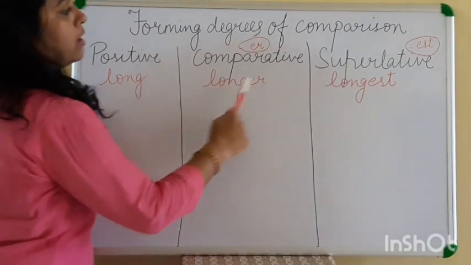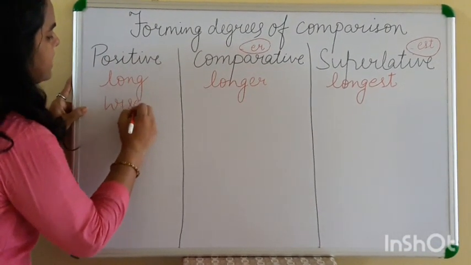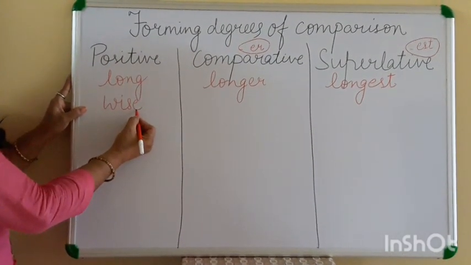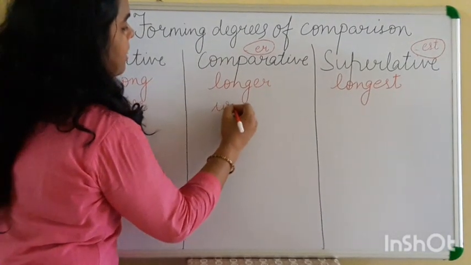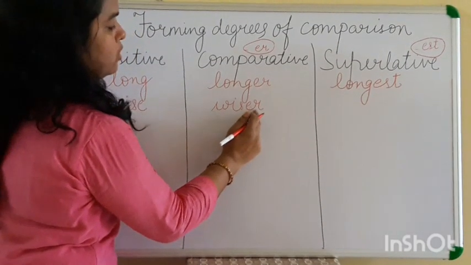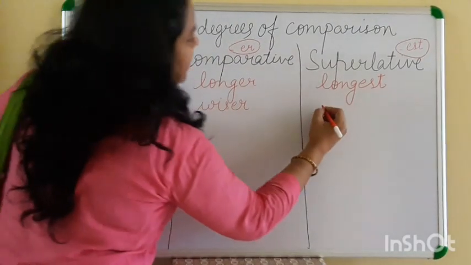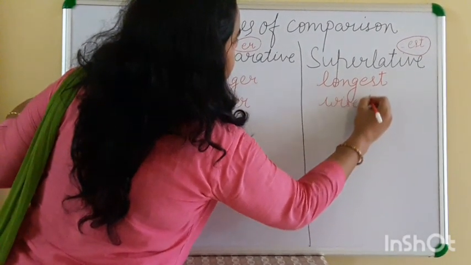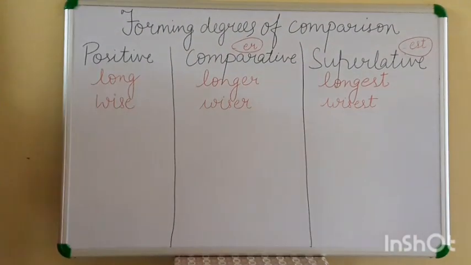For long, longer, longest. Suppose the positive form of an adjective is wise. If a word ends with E, you will only add R. You will not add ER, only R. And here, wisest, only ST. You will add only ST over here.